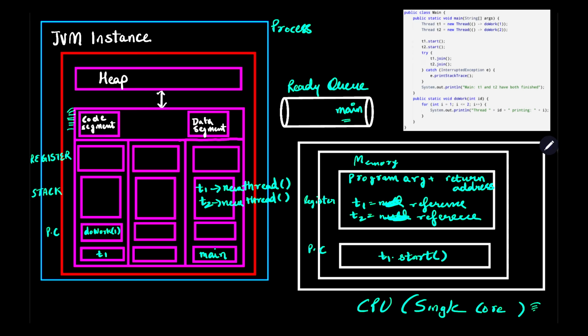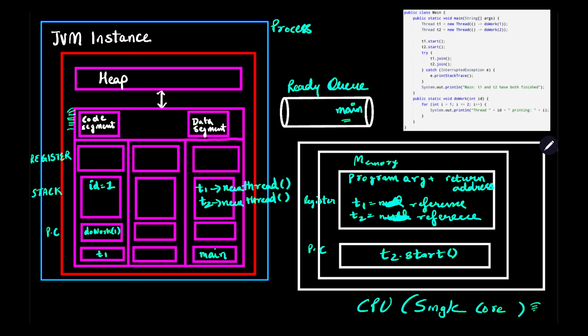At this point, the T1 stack contains id equal to 1. The loop variable i is not created yet, and T1's registers are currently empty. Meanwhile, the CPU program counter will move to the next instruction, that is T2.start.